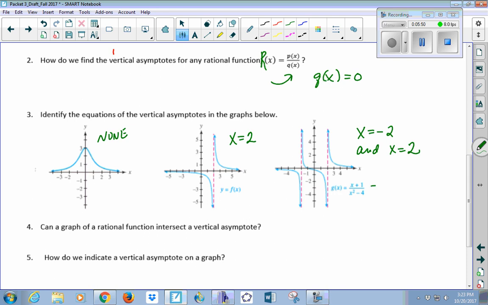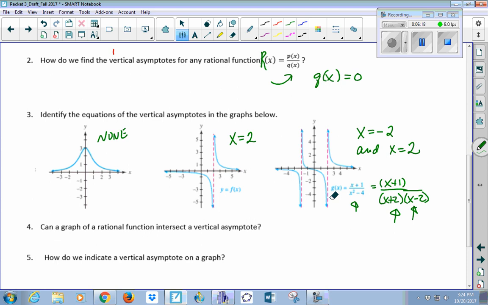And as you can see here, I've got the equation for g of x, and if we factor this denominator, lo and behold, there are two values for x that make that denominator 0, and we have two vertical asymptotes here.